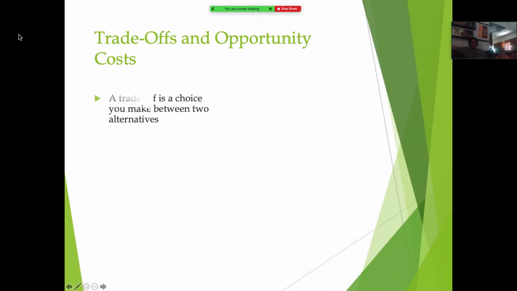As we said yesterday, a trade-off is anytime you have a choice between two alternatives. I can do this or I can do this other thing, okay? You may have lots of choices, but at the end of the day, you get down to one or the other, okay? And then the opportunity cost is what you give up when you make that choice, right?